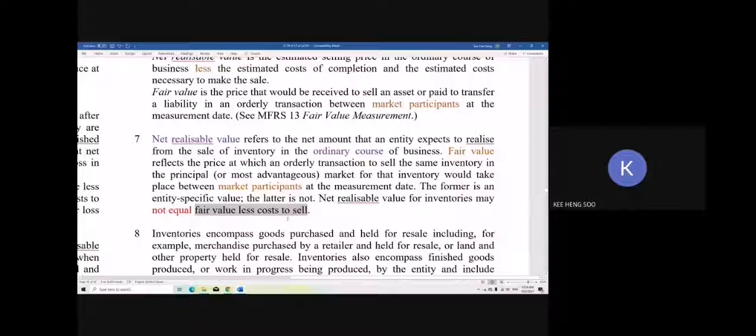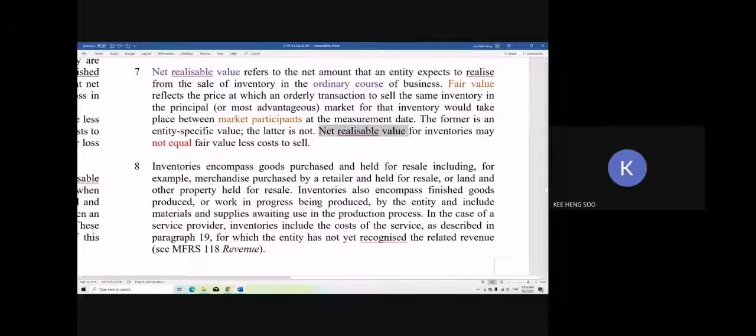The net realizable value entry is a finished good. I mentioned just now, finished good, work in progress. It can be materials. This is your first definition just now.